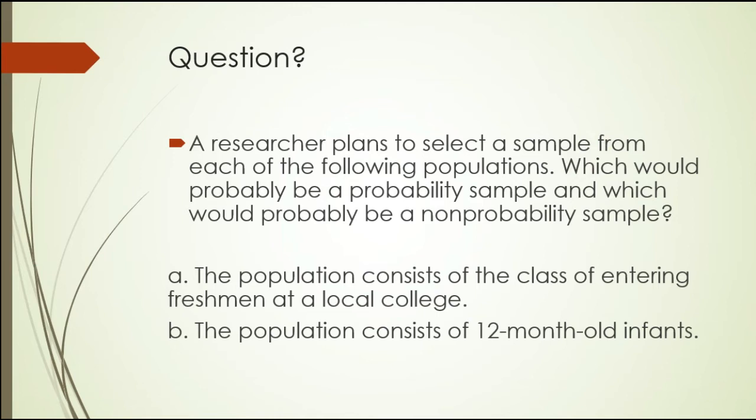Kasi wala tayong bilang kung gaano kadami yung pumapasok dun sa college kung saang age group sila nanggaling. So that is why siya si non-probability. Sa letter B, the population consists of 12-month-old infants, may specific tayong edad ng bata or 1-year-old. That is why letter B is the probability. Okay?